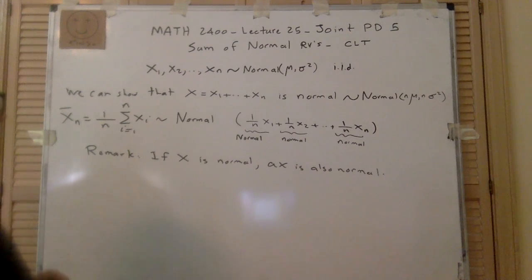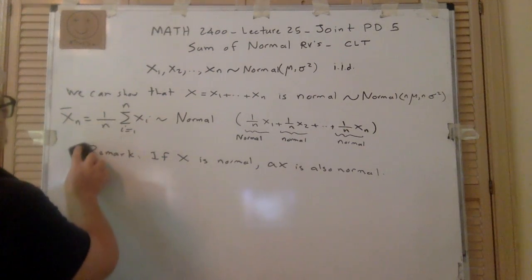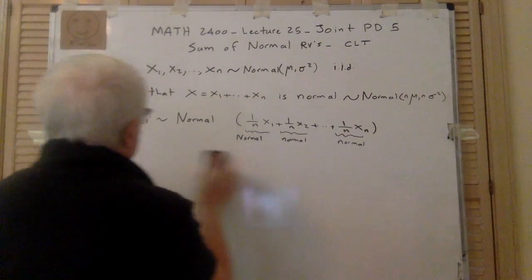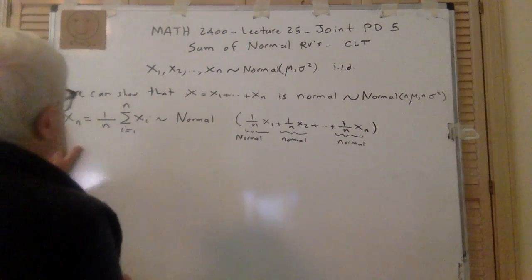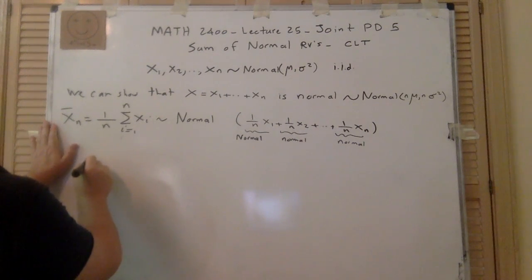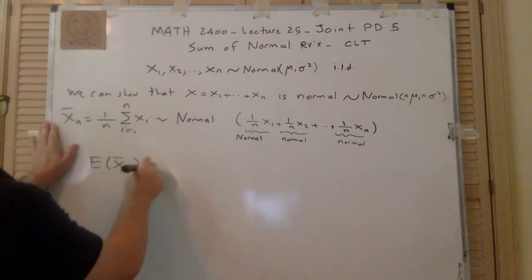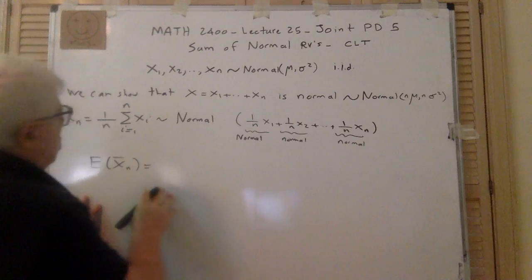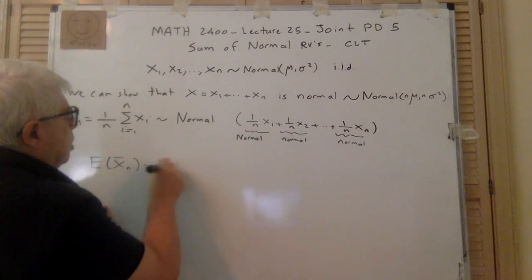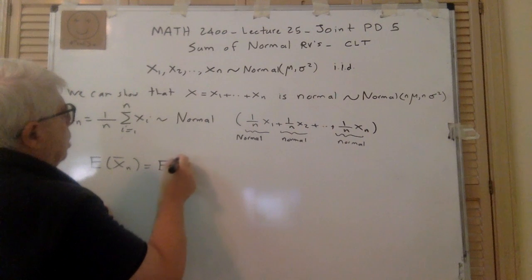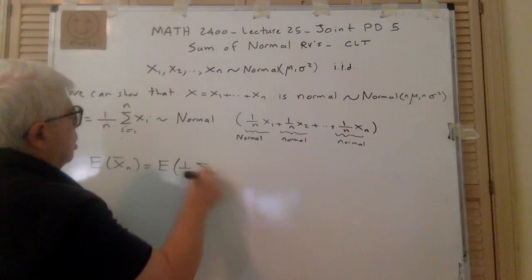So let's see what the expected value and variance of this one is. We need the expected value of this. Well, let's just write it: 1 over n, sigma.